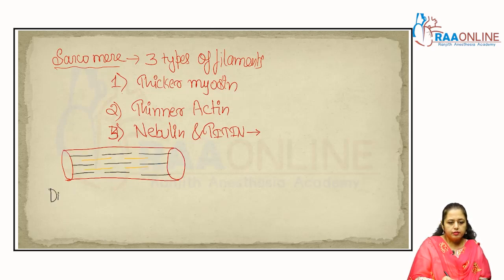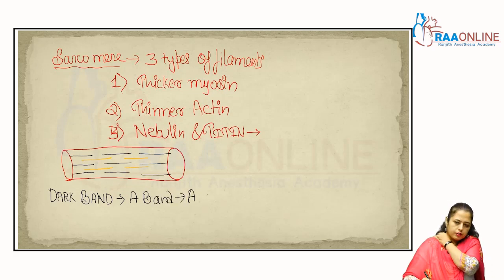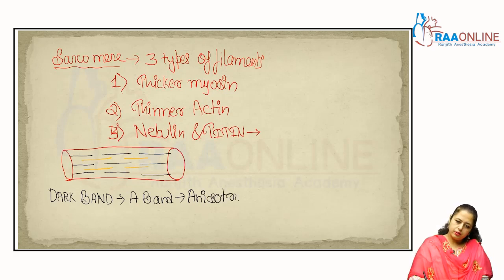Dark band is the A band, that is the anisotropic band, right?